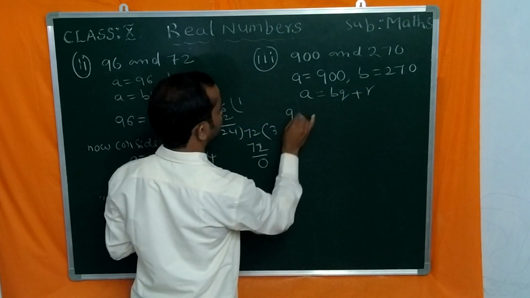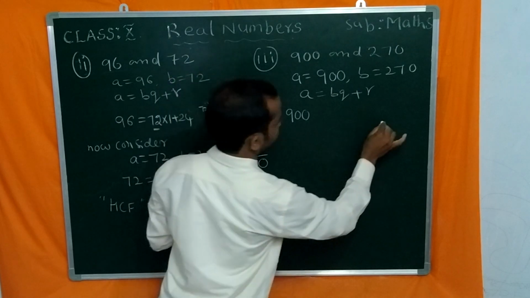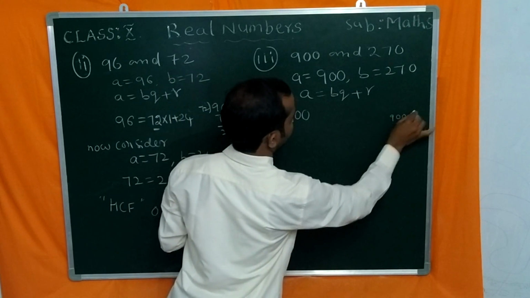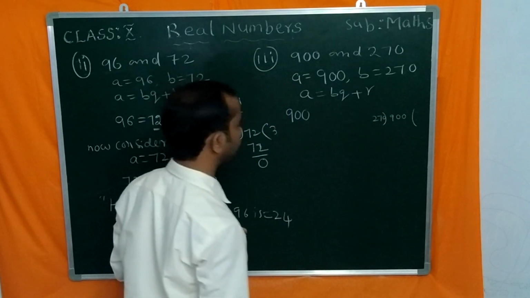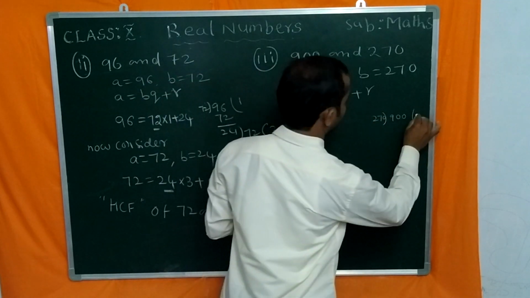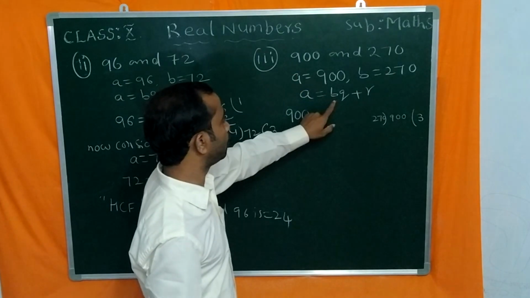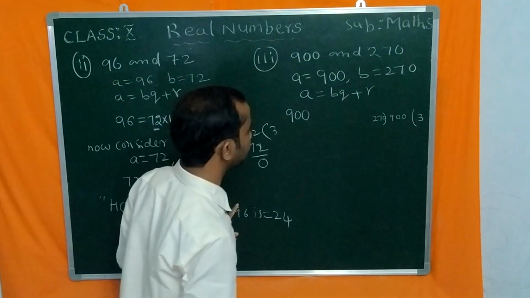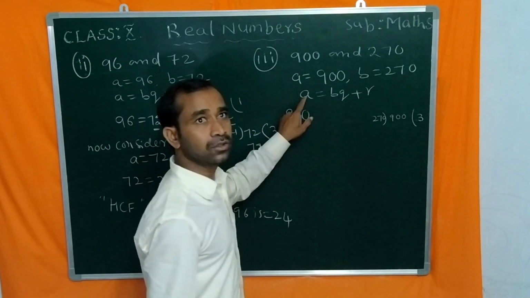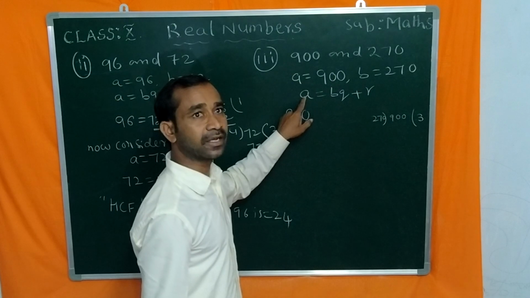So 900 is divided by 270, a equals bq plus r. Here a equals 900.